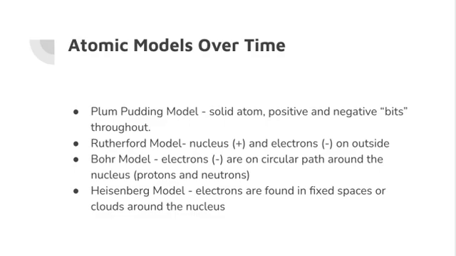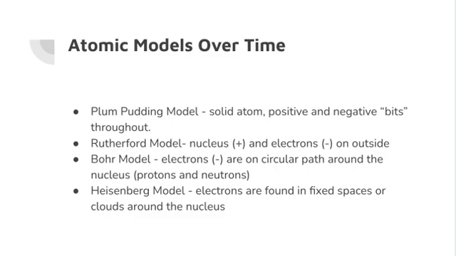So just a quick history. We've talked about this, but a review here. So the plum pudding model was thought to be the model of the atom for a long time. And remember, that model said that atoms were solid and made of solid material, and then they had these negative bits throughout it.